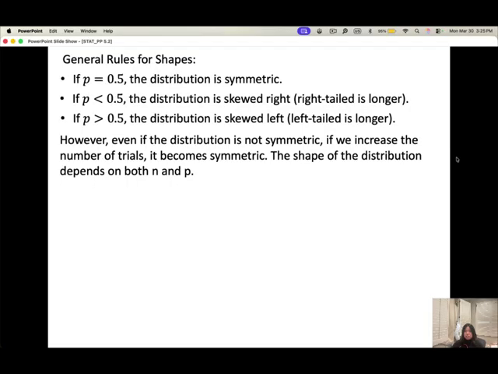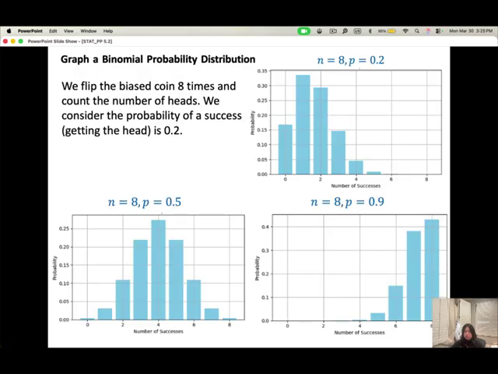However, even if the distribution is not symmetric, if we increase the number of trials, it becomes symmetric. The shape of the distribution depends on both n and p. If I want the distribution to look symmetric, instead of increasing p, I could increase the n.